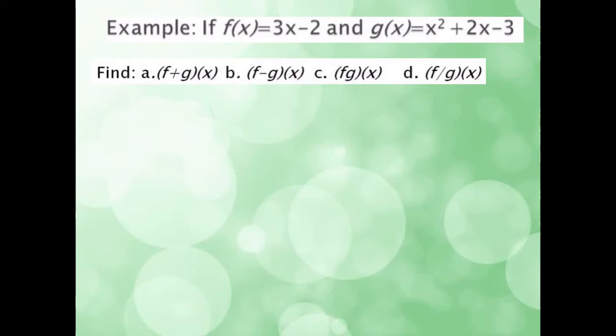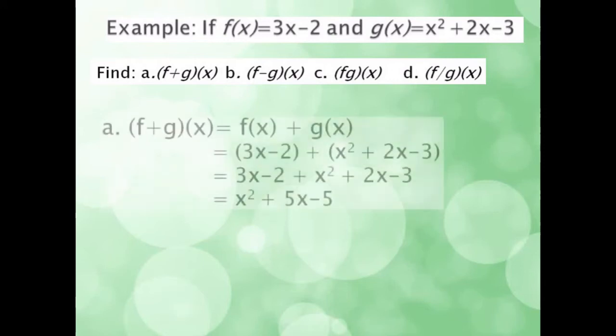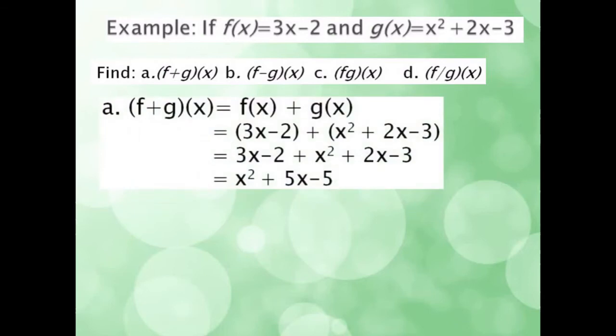Letter A. (f plus g)(x). That is equal to f(x) plus g(x). Notice that f(x) is equal to 3x minus 2. So that would be 3x minus 2 plus the quantity x squared plus 2x minus 3.